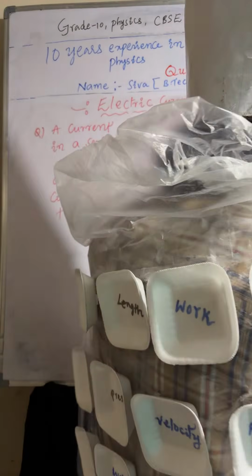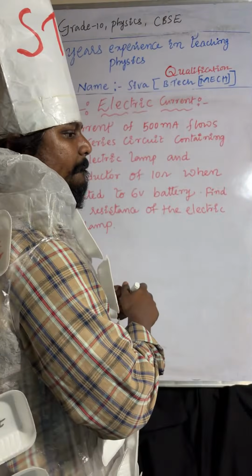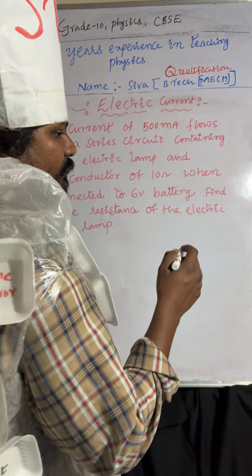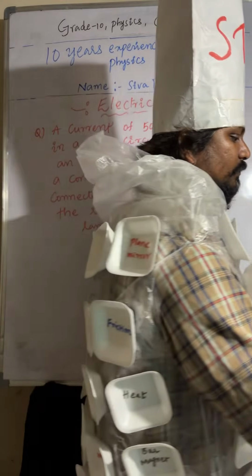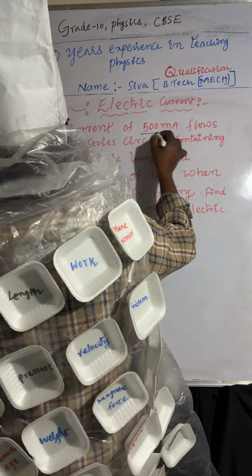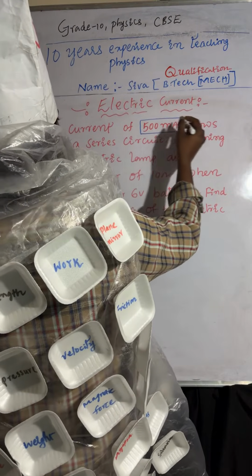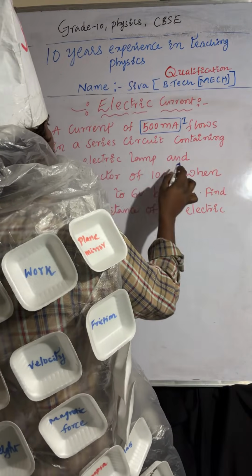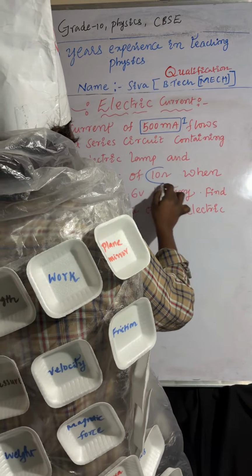So what is the given data here? Point number 1, current is given. Current is I. Next, resistance.